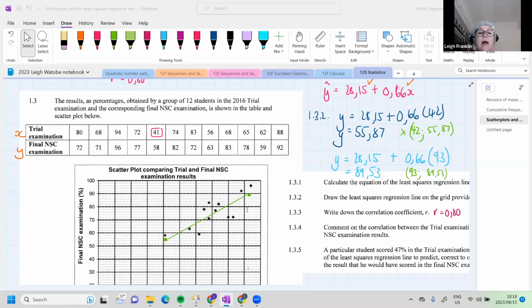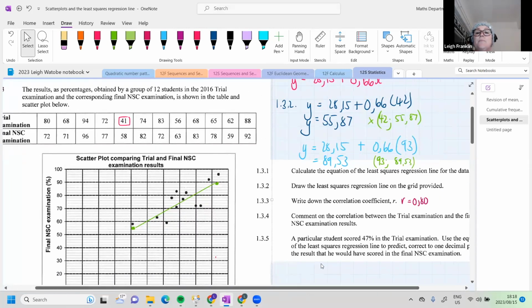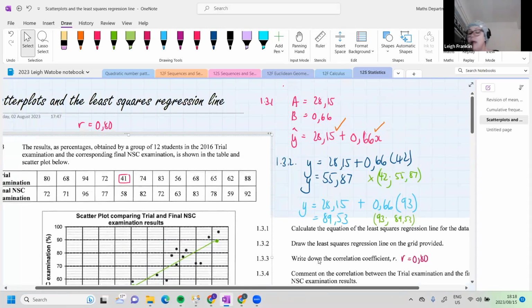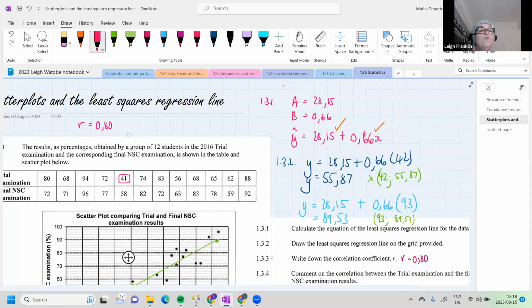So Tsegofatso and Kamogelo, let's just go through it one more time. I'm more than happy to do that. Look in the set of data for your smallest and your biggest values. You can see here that 41 is your smallest X. So take something that's just slightly bigger than your smallest.